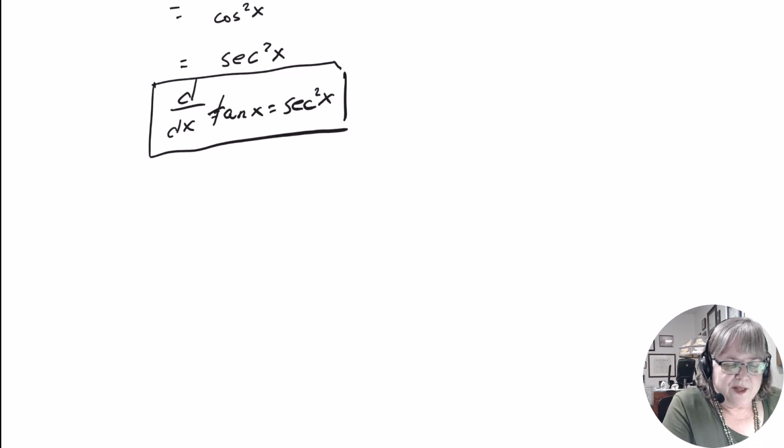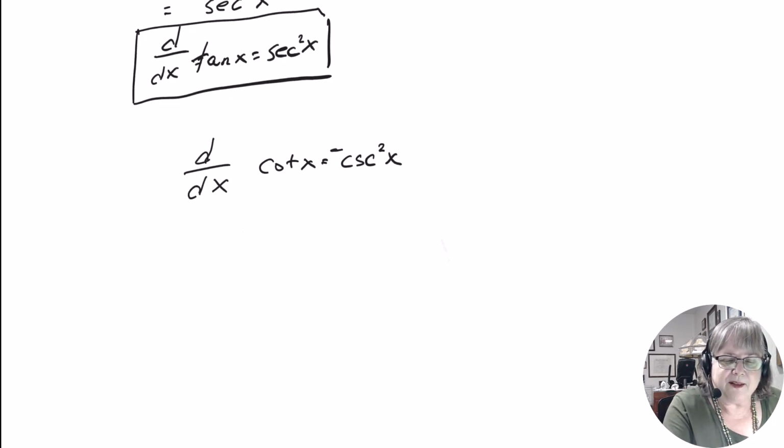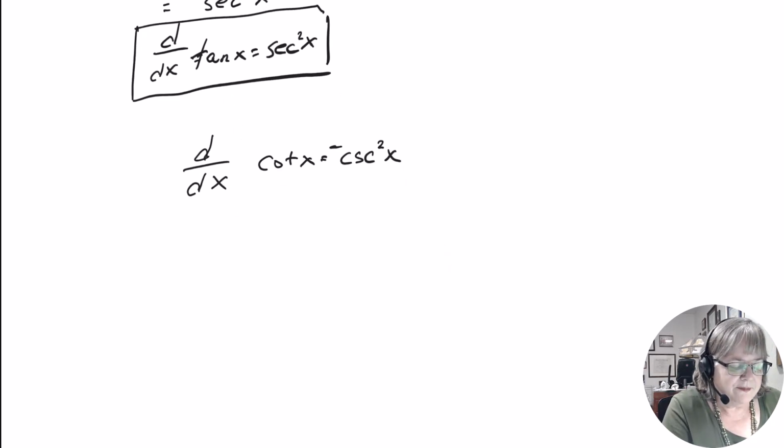Now let's do cotangent. So I'm going to try to prove that the derivative of cotangent is cosecant squared with a negative. Because remember, everything that starts with a C has a negative there. And since we've been doing this a while, I'm going to leave out that step, but I'm going to say it. Okay, f prime of x is the limit as h goes to 0 of f of x plus h minus f of x over h.